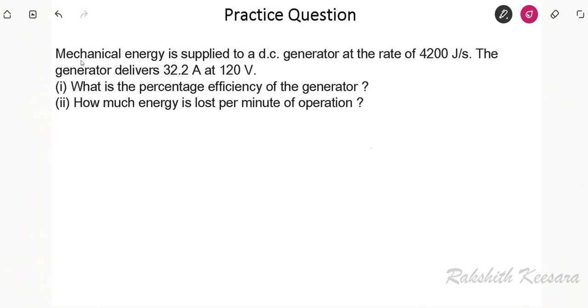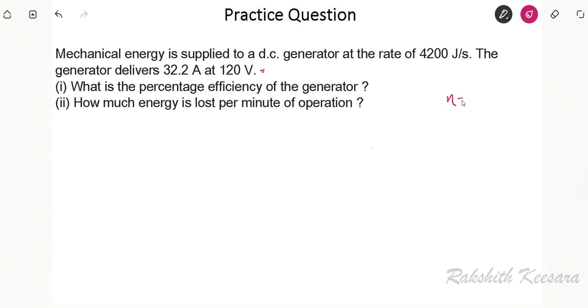In this question it is given that mechanical energy is supplied to a DC generator at the rate of 4200 joule per second. The generator delivers 32.2 ampere at 120 volt. What is the percentage efficiency of generator?